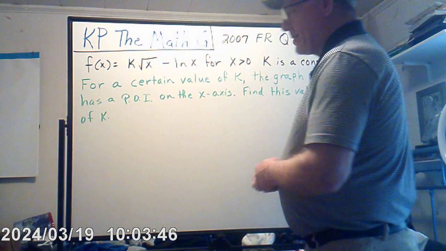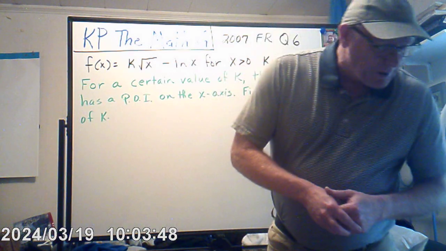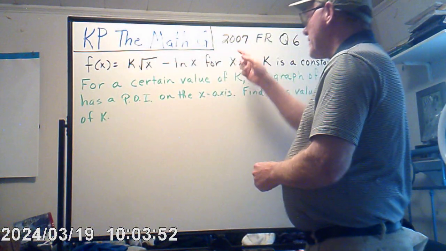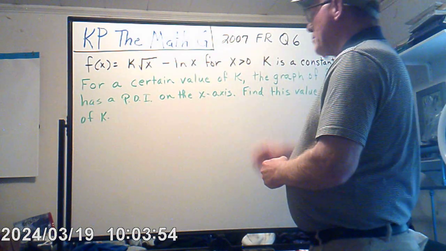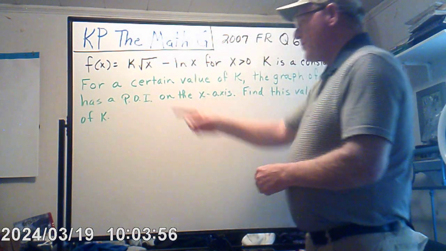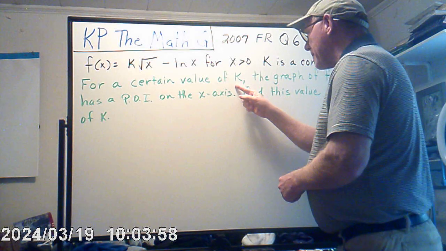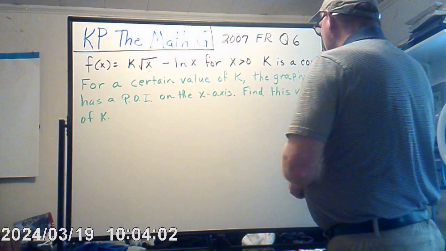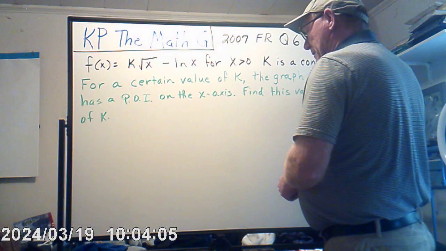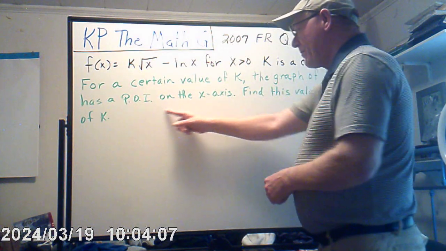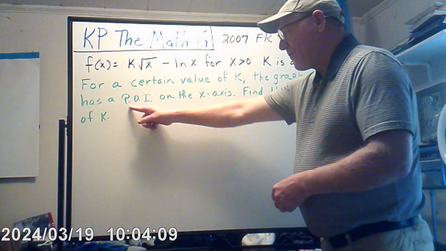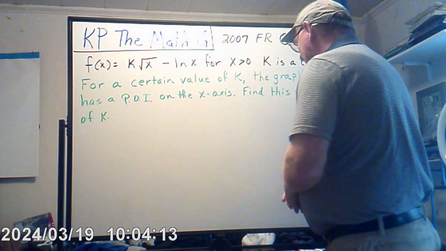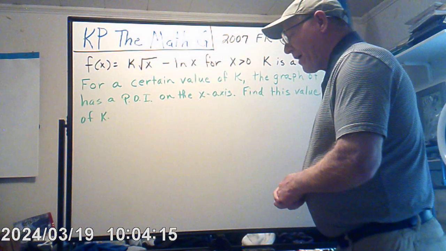This is actually part C of this 2007 free response question. It says for a certain value of k, the graph of f has a point of inflection on the x-axis. Find this value of k.